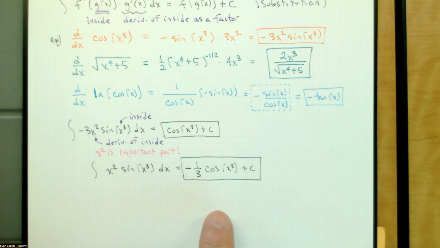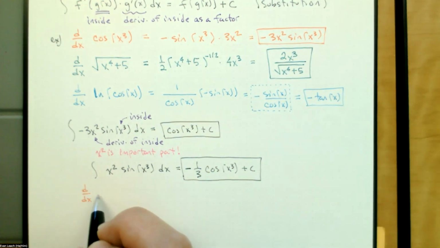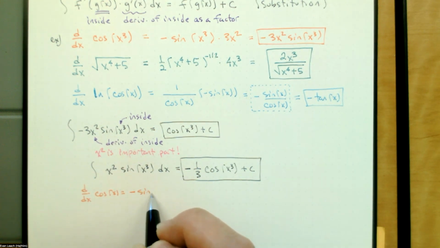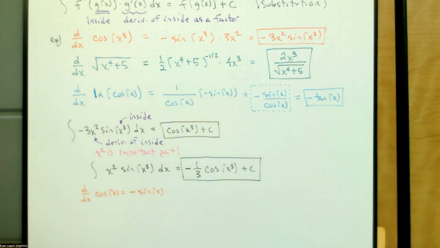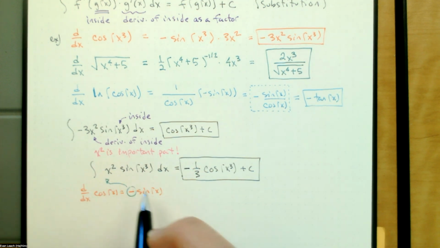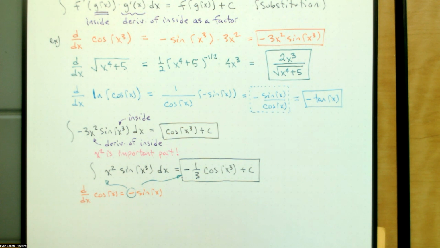Let's put that backwards. There's no negative. The derivative of cosine is negative sine. It doesn't show up here, so it must show up in our answer. It's only a constant factor, so we're okay. So the derivative of cosine x is negative sine x, and we don't have a negative, so it shows up in our answer.